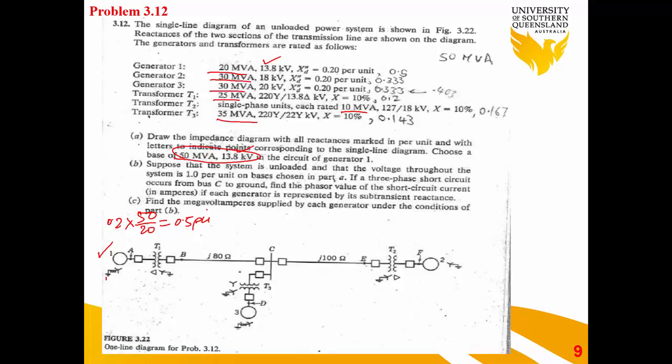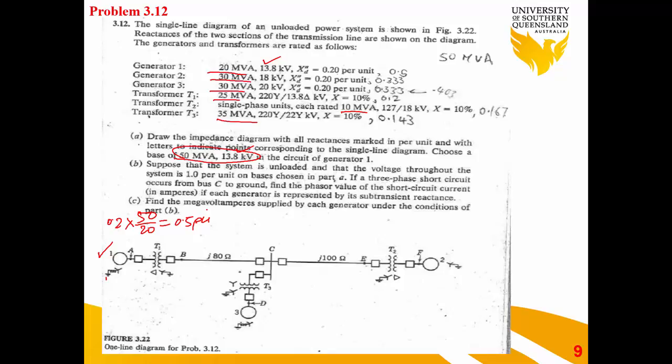Can we do it for generator number 2? You can do it. The answer is there, but how do you do it? I just want to know your technique. Say 0.2, but the rating is 30 MVA and the new base is 50.